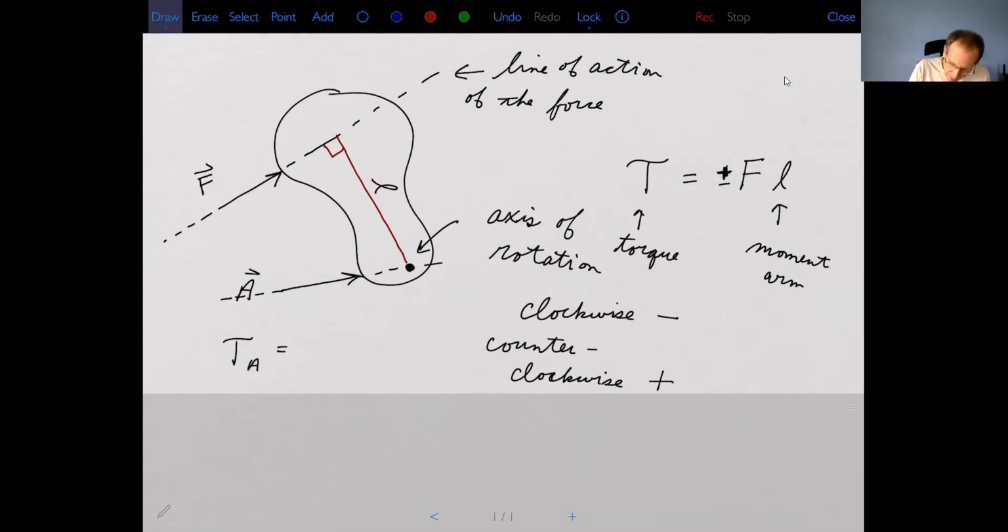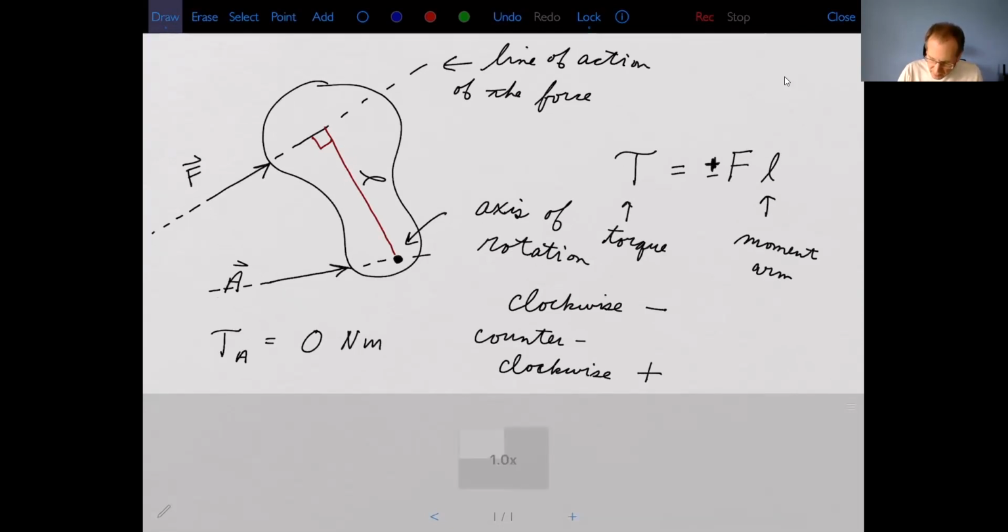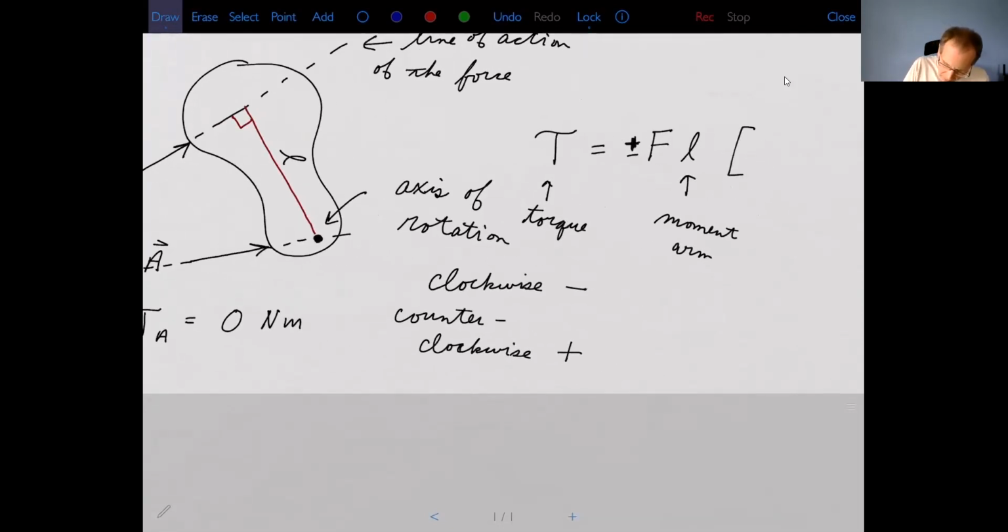The moment arm is the perpendicular distance from that line of action to the axis of rotation, but that's zero, since the line of action goes right through the axis of rotation. So in any case that you have a force that passes right through the axis of rotation, its torque is going to be zero. And by the way, the units for torque, since it's a force times a length, are newton meters.